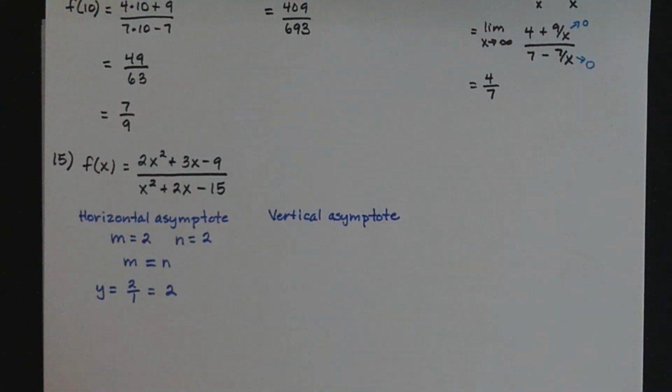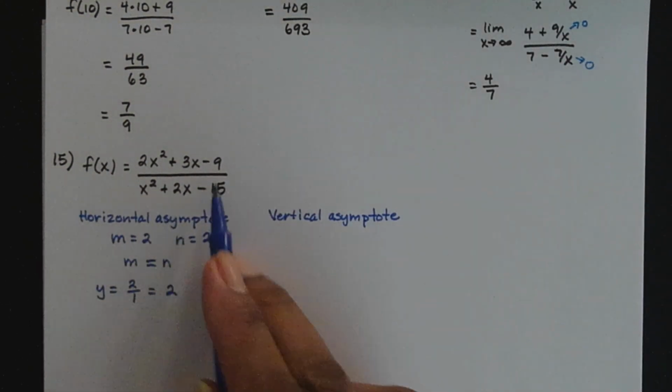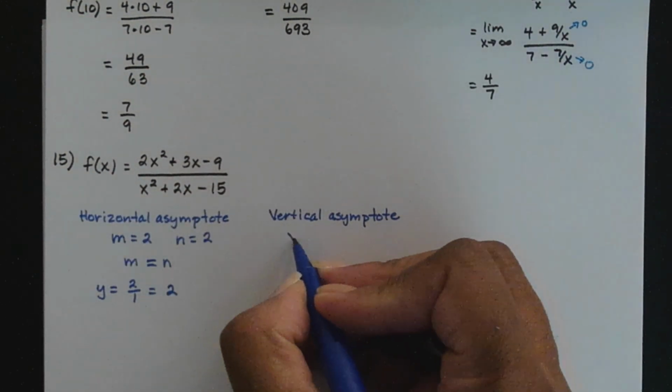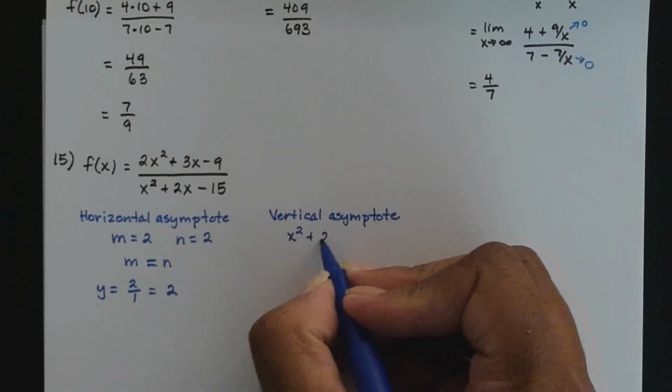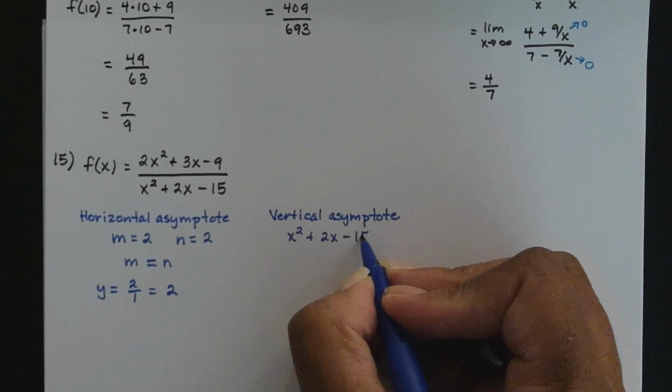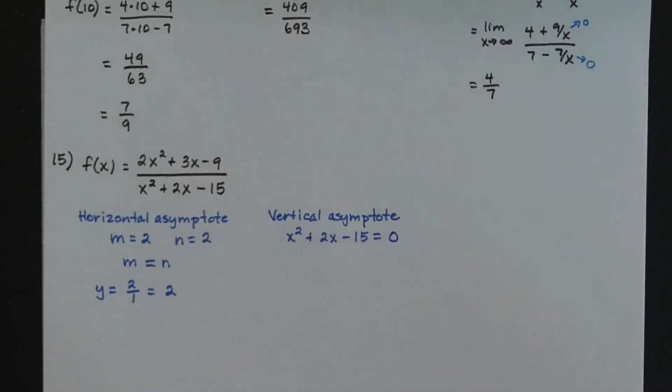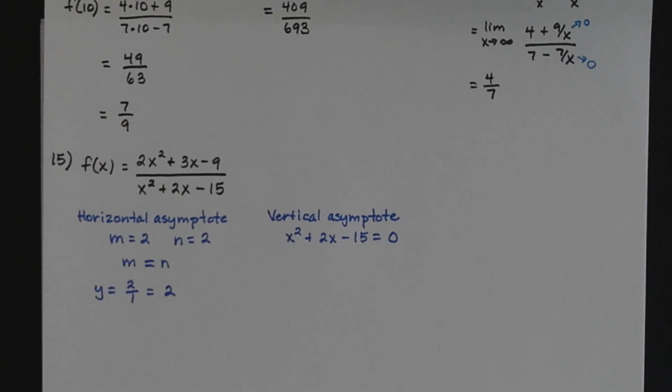For the vertical asymptote, I'll take that denominator of x squared plus 2x minus 15, set that equal to 0.